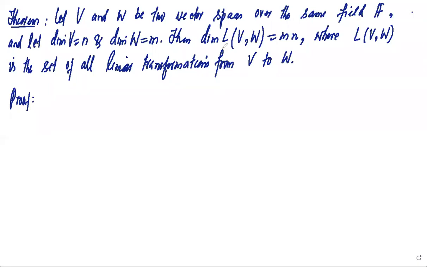So we need to find a basis that contains m into n terms, and our proof is complete. So now let's define those linear transformations in this L(V, W), and then form a set of those linear transformations which are mn in number, then prove that it is linearly independent and spans L(V, W), and our proof will be done that the dimension of L(V, W) is equal to m into n.